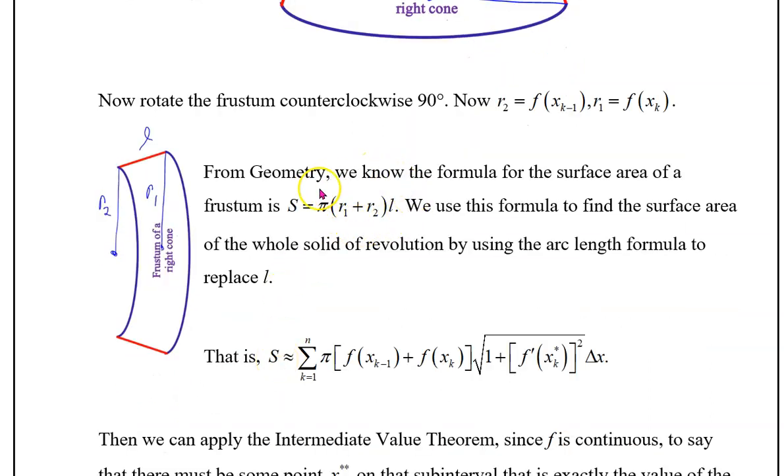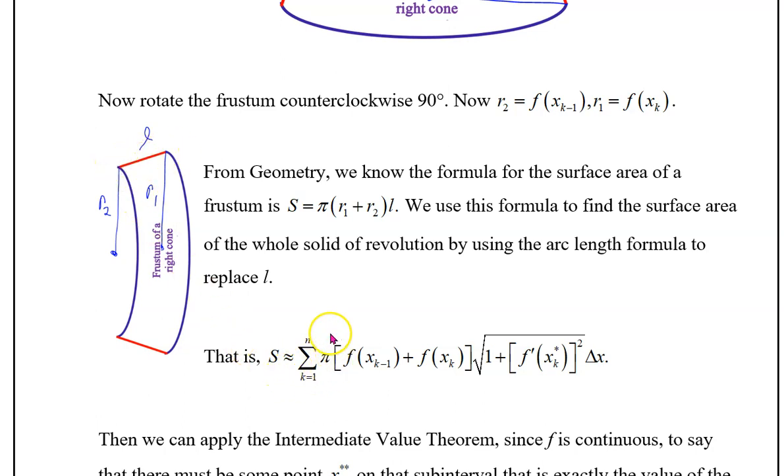We use this formula right here to find the surface area of the solid of revolution using the arc length formula to replace L, since this distance right here is basically arc length.